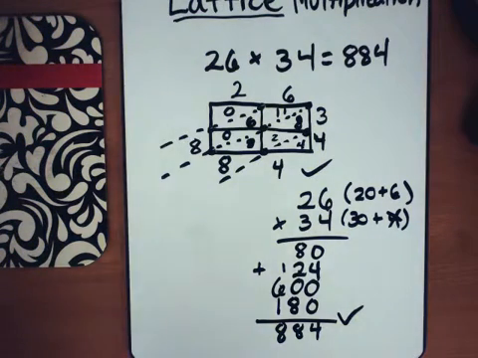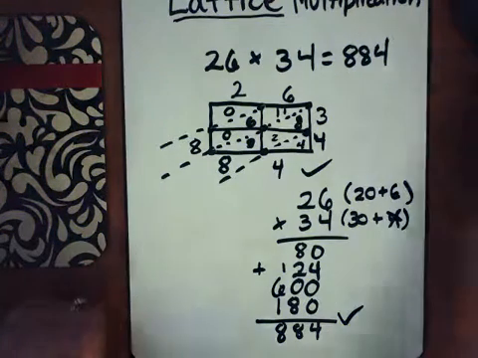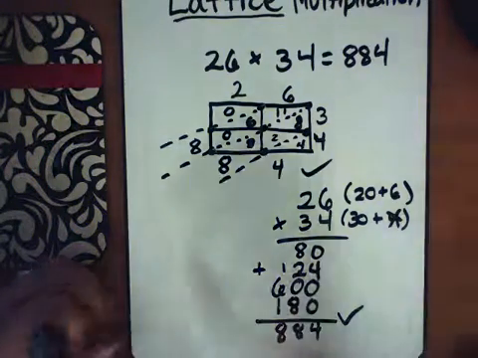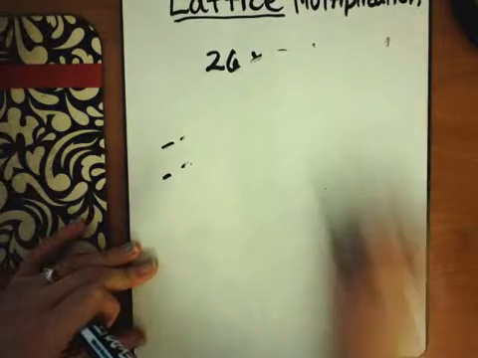Alright guys, we're going to go ahead and do one more that has 2 digits by 2 digits, and then we'll move on. So I'm going to erase here. I think that you probably might have run out of room, so go ahead and turn that page. She ran out of room.